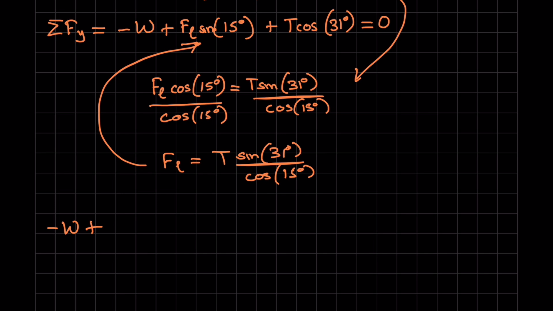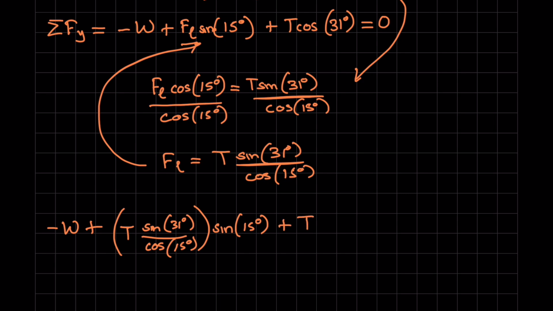But instead of writing FL, I'm going to substitute this expression we just found for FL. So that's going to be tension times sine of 31 degrees divided by cosine of 15 degrees, right? So that's what FL is, and then I'll multiply by sine of 15 degrees, right? So that was still part of that equation, so I'll keep that there. Continue on to T cosine of 31 degrees is equal to 0.